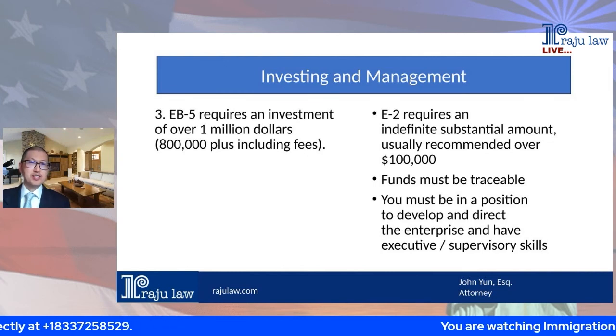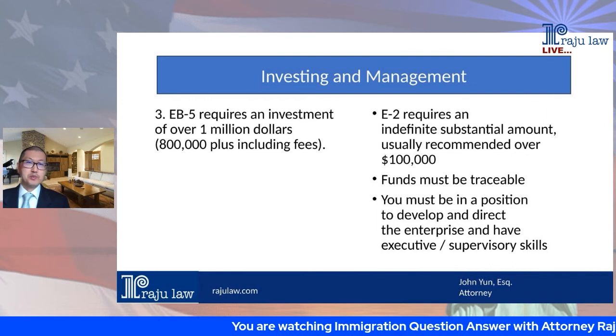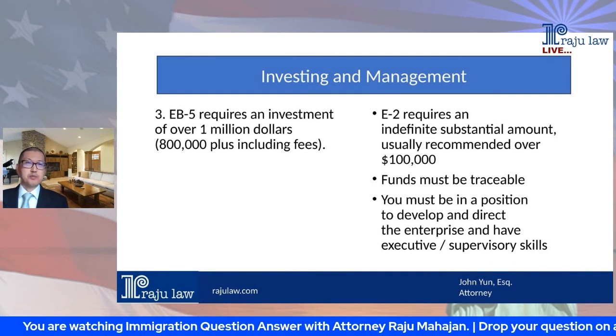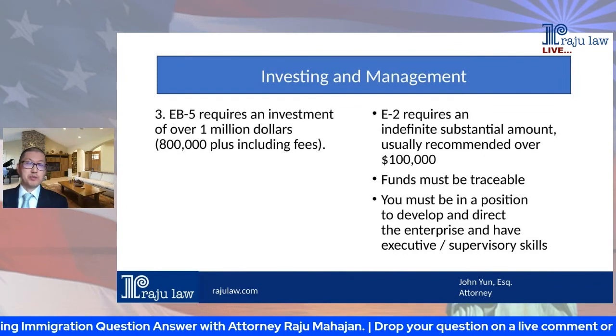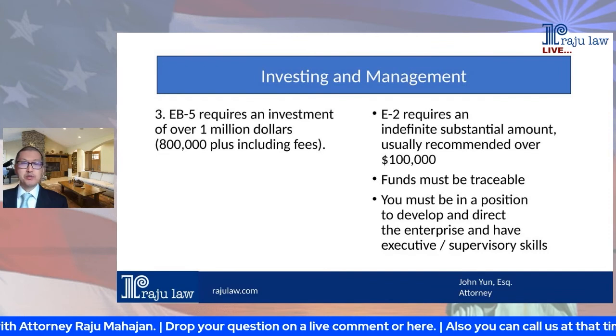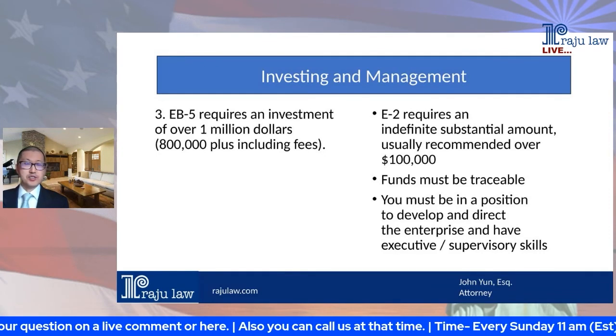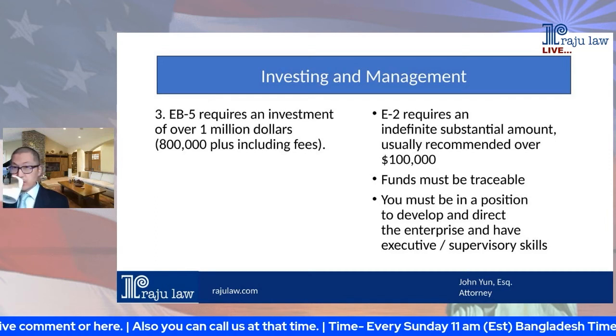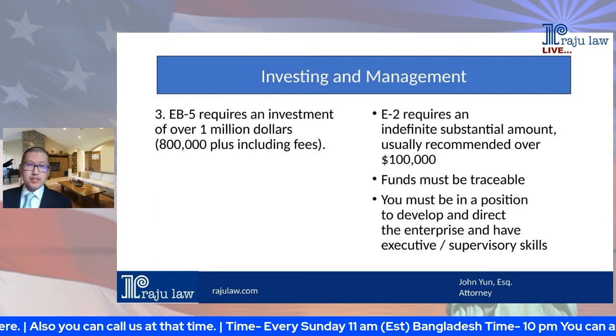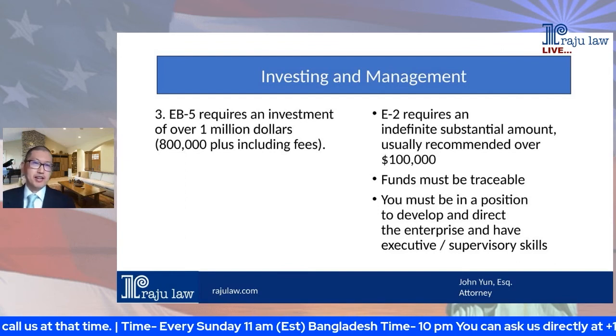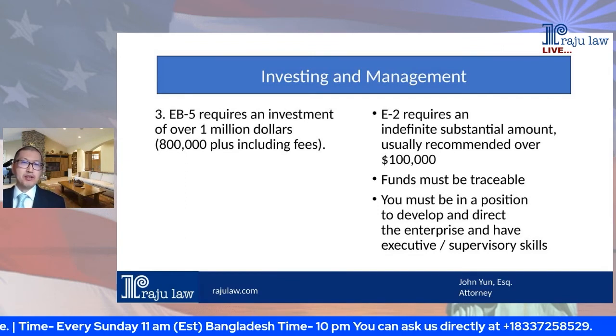So as you can see in slide 3, the EB-5, honestly, for most people, will require an investment over $1 million. The very basic minimum, as Benjamin said, is $800,000. But with fees and everything like that, it usually ends up being over $1 million. The E-2 doesn't actually have a specific amount that we're looking for.